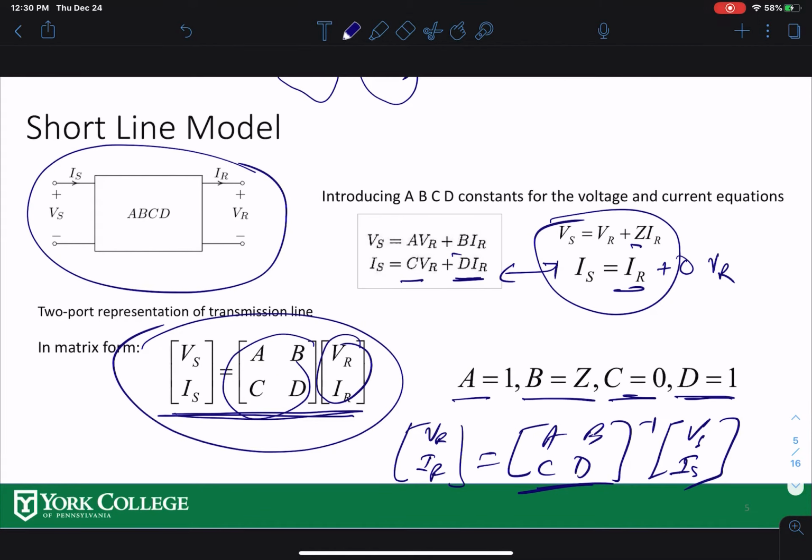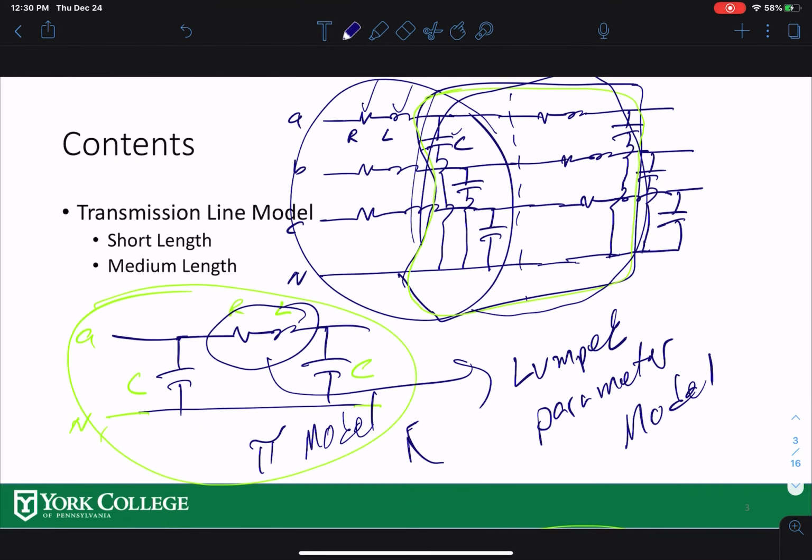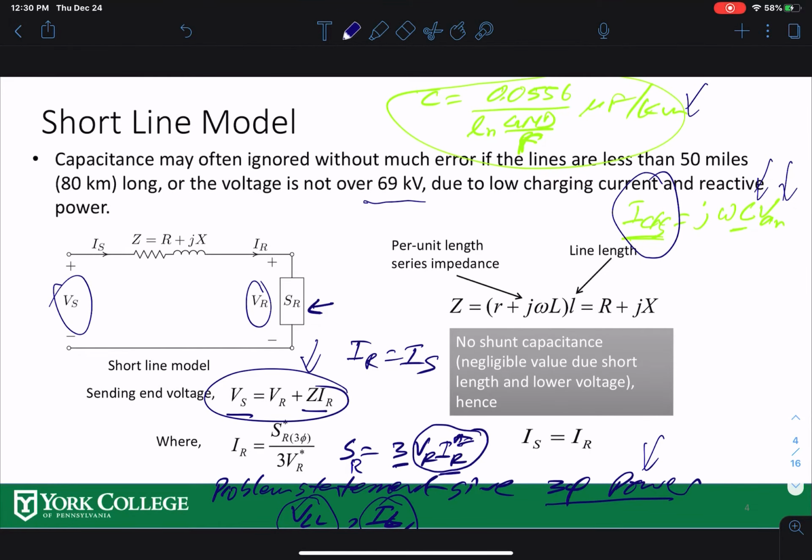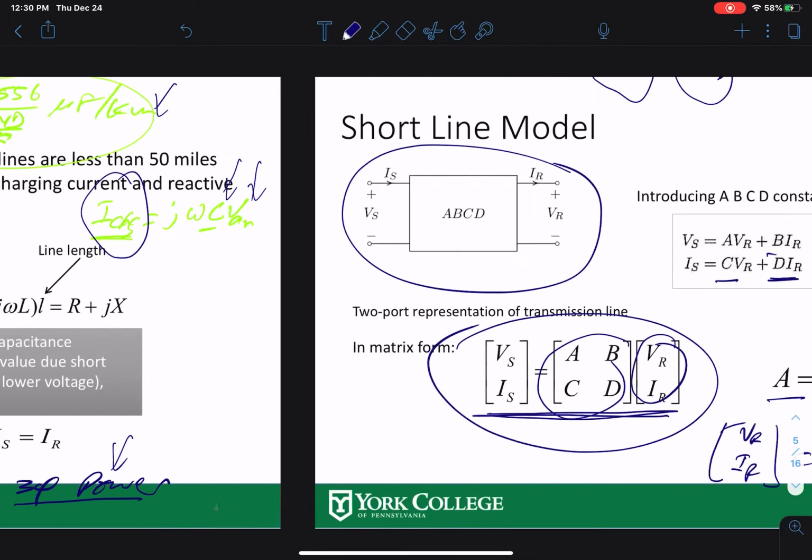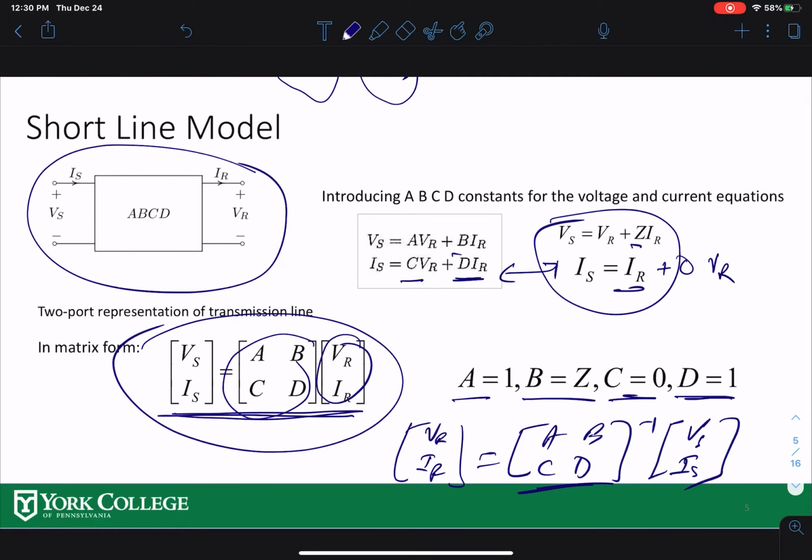And for your current, if you go back here, these two currents are equal to each other, right? IS equals IR, it's right here. To match with this equation, I can also say 0 times VR over here. If I now compare with this equation over here, this is the so-called ABCD constants of the transmission line.